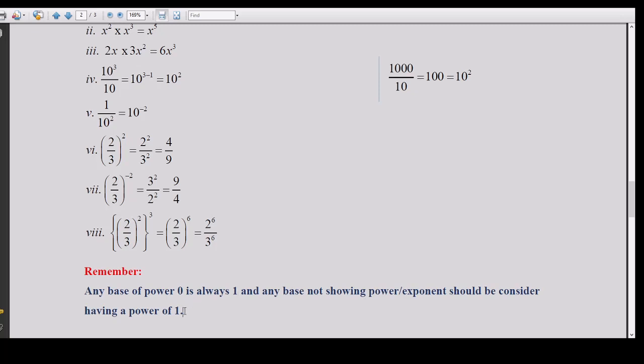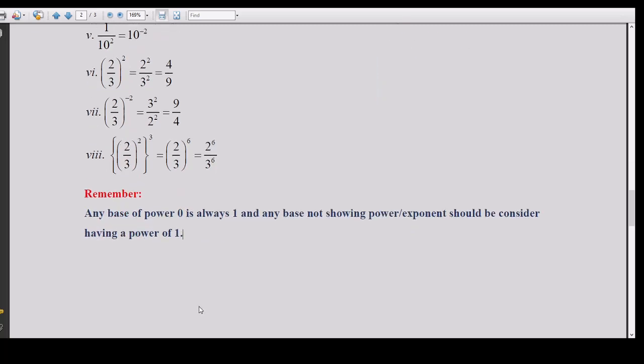If no exponent is showing, you should take the power as 1.